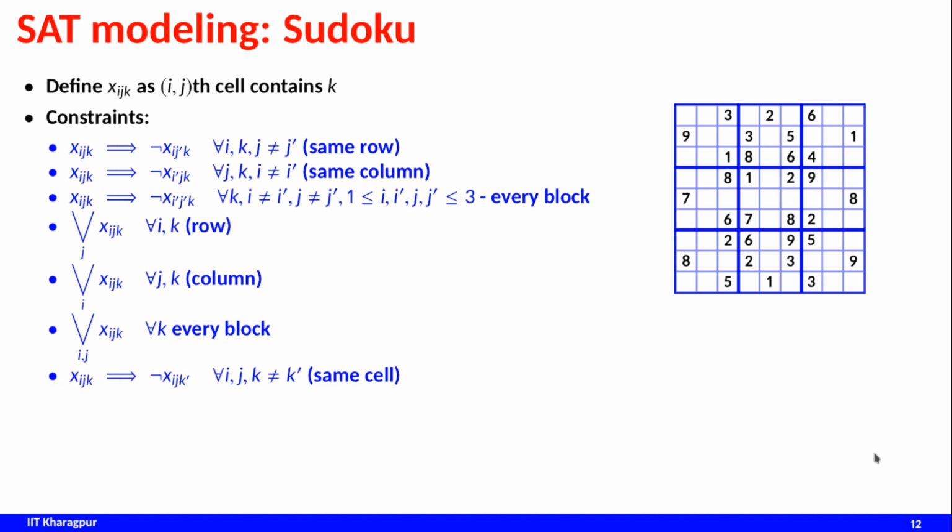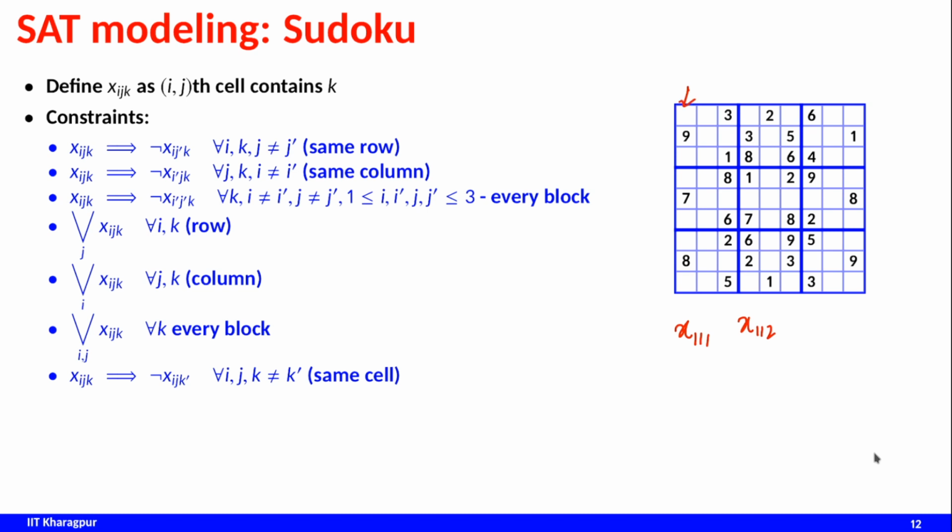And also what we need to do, we have to specify that in the same cell I should not put two values, because with xijk, if I have, for example, x111 and x112, I can make these two to be 1, so 1 appears on the first row, 2 also appears on the first row, and both belong to the first cell.